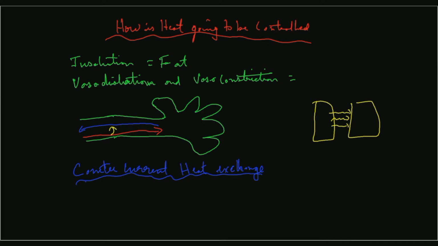So it'll go from this one to this one, and so the body will try to contain the heat in the center of the whole system, like your whole body. It'll try to contain the heat in your chest, and feed some to your brain and things like that. That's just a fail-safe method of trying to stay alive in really cold or really harsh environments.